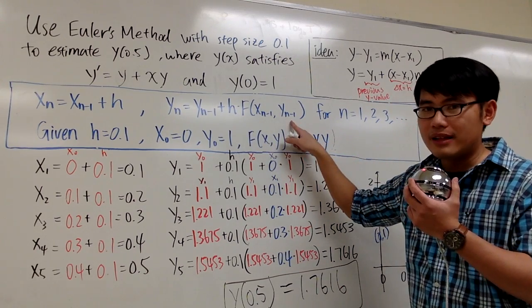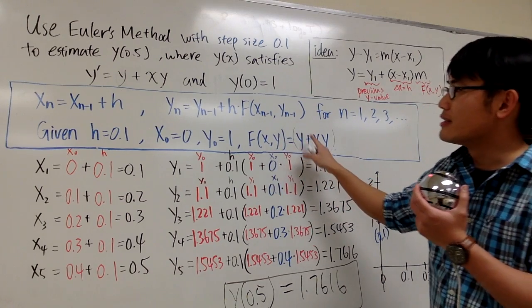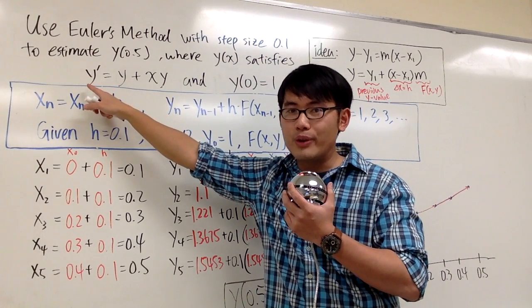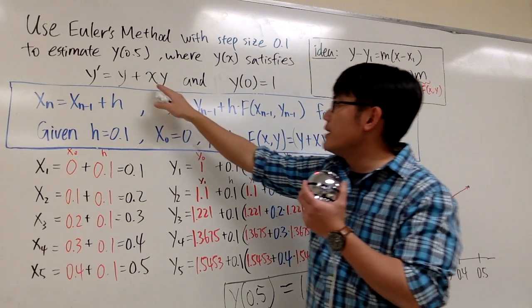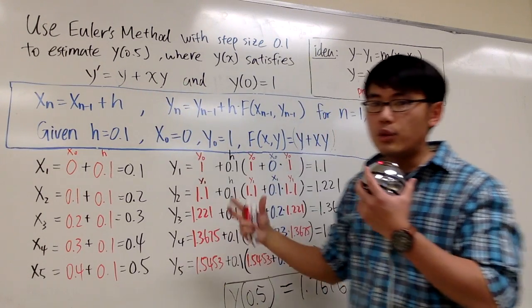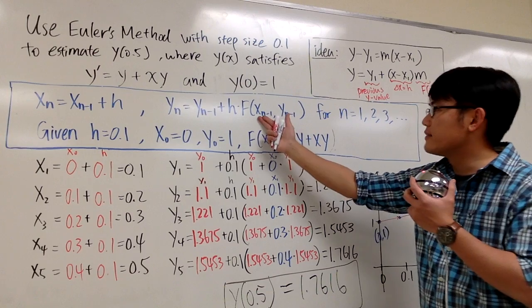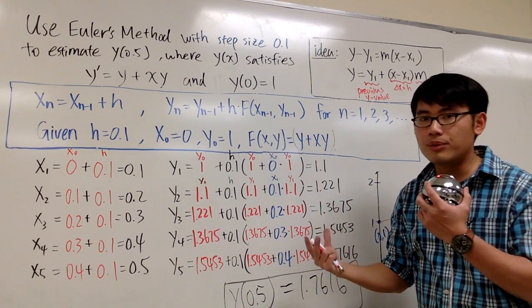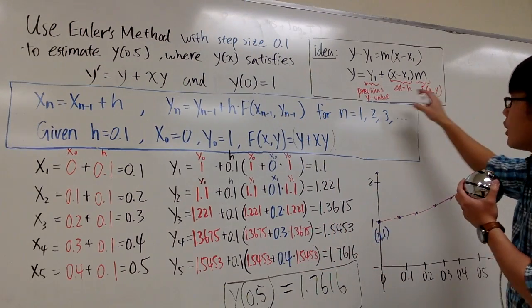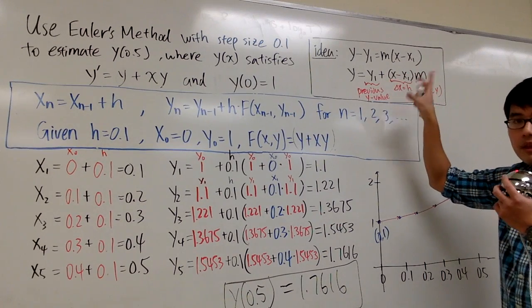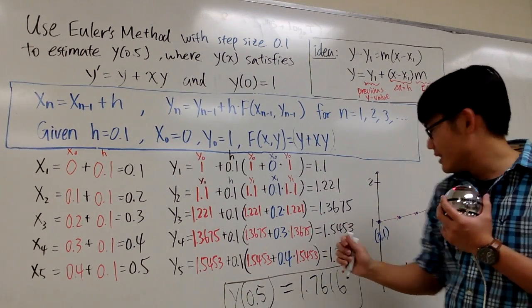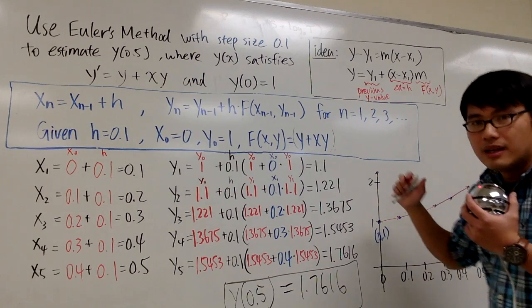The capital F of x y, that's exactly the slope because that's the differential equation. y prime tells you the slope. But then this is based on x and the y value, so we must know both the x value and the y value in order to compute the slope. So this formula is nothing but just the equation of a line, but we'll do it in many pieces.